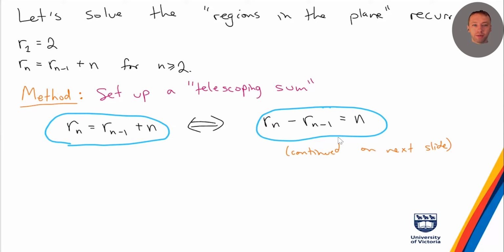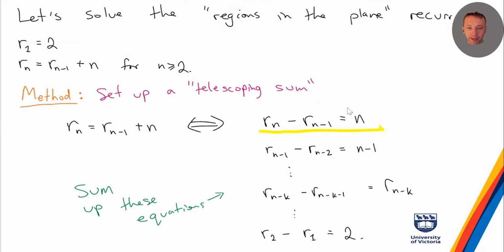So Rn minus 1 minus Rn minus 2 is n minus 1. You can think of plugging in n minus 1 where the n's are. All of these equations should be true.